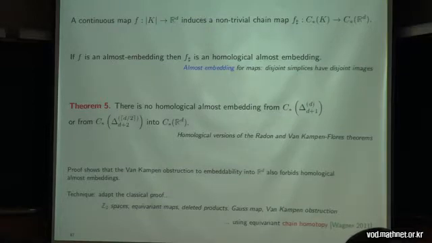And a homological almost embedding maps a basis vector to a vector, you see, not necessarily a basis vector. Because in your chain complex, the basis vectors correspond to the simplices. And so here we allow to map a simplex to a sum of simplices.